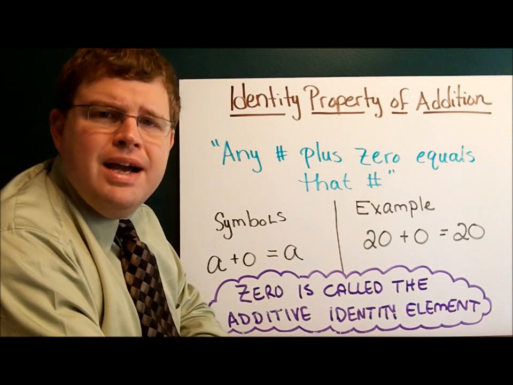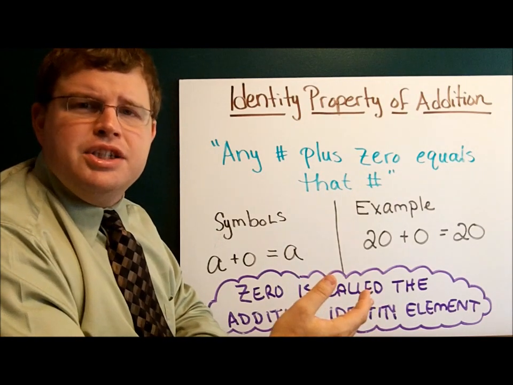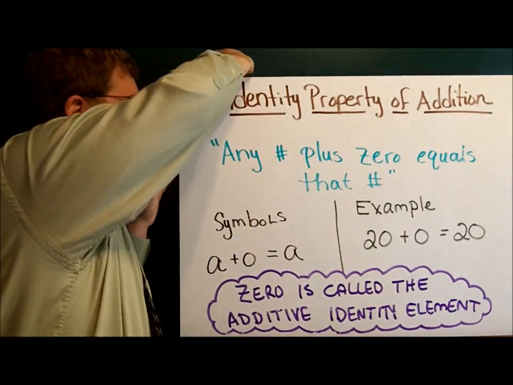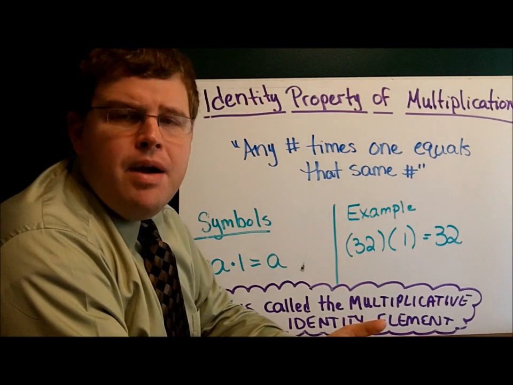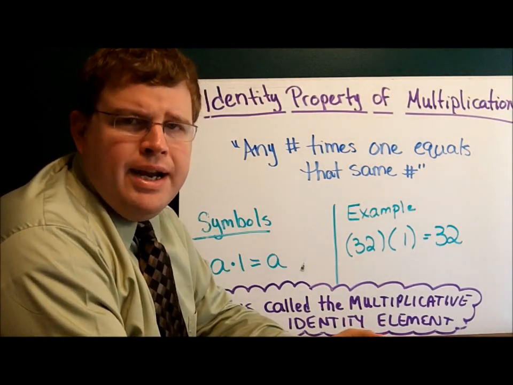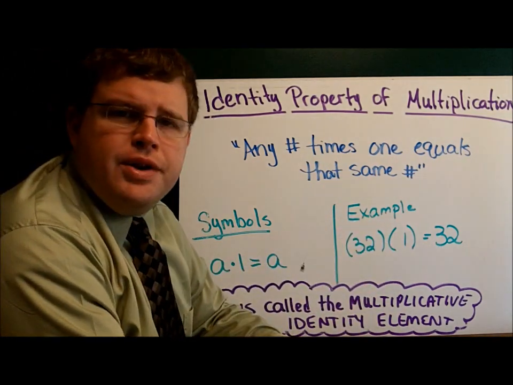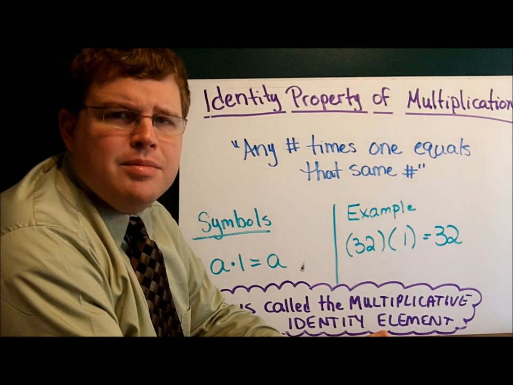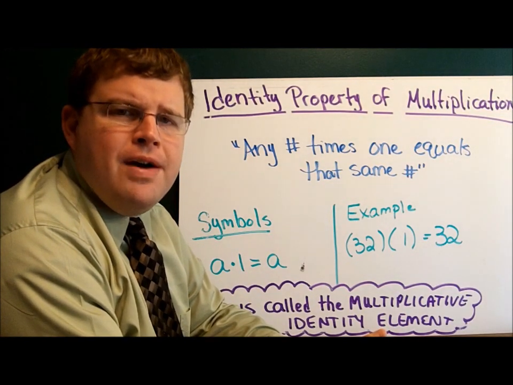Now we also have an identity property for multiplication. What do we do to leave things unchanged in multiplication? Well, we multiply by 1. The identity property of multiplication says you can multiply any number by 1 and your answer is the number. 32 times 1 equals 32. 87 times 1 equals 87. 45 times 1 equals 45.